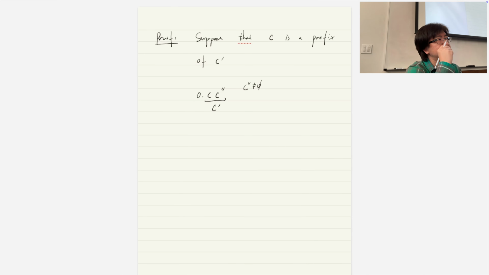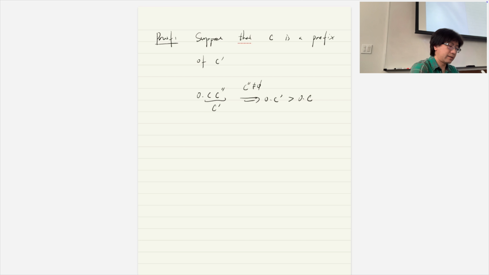From here, we can see that the value of 0.C prime has to be bigger than the value of 0.C, because we have the additional C double prime here. So this code is a prefix of another one.